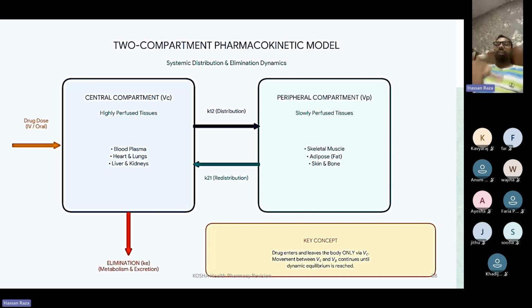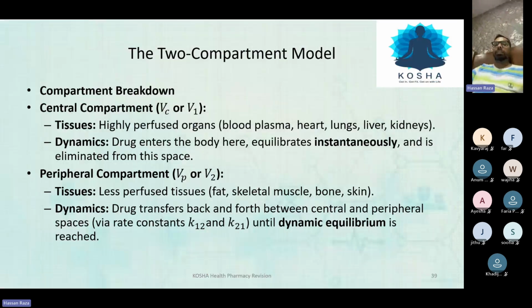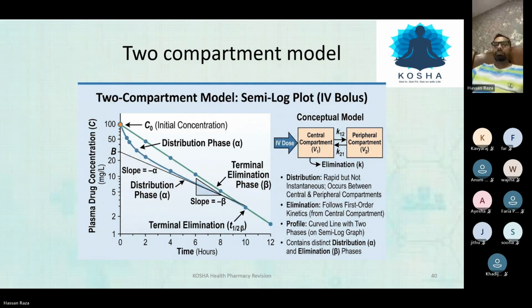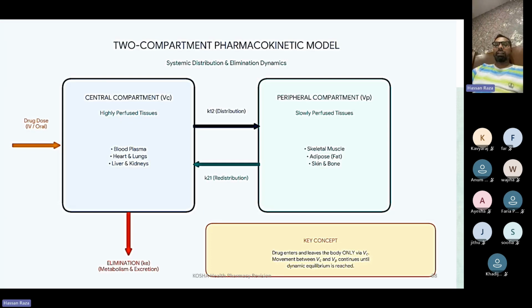So what we assume is you administer the drug into the central compartment. It stays in the central compartment, then starts distributing to the peripheral compartment. Initially, obviously, the distribution is more because it relies on diffusion.